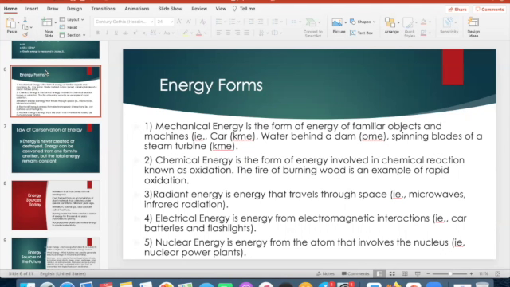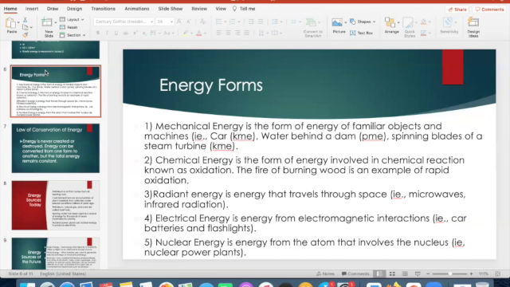Radiant energy, this travels through space. So these are your microwaves, your infrared waves. 4 is electrical energy. So it's the energy from electromagnetic interactions. So your car batteries, your flashlights, things of that nature. And then the last one, which we'll talk about in chapter 13 further down in the semester, will be nuclear energy.